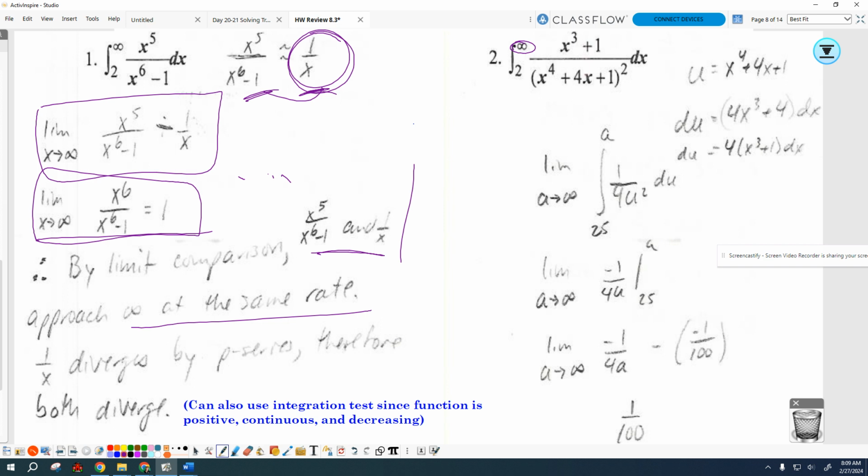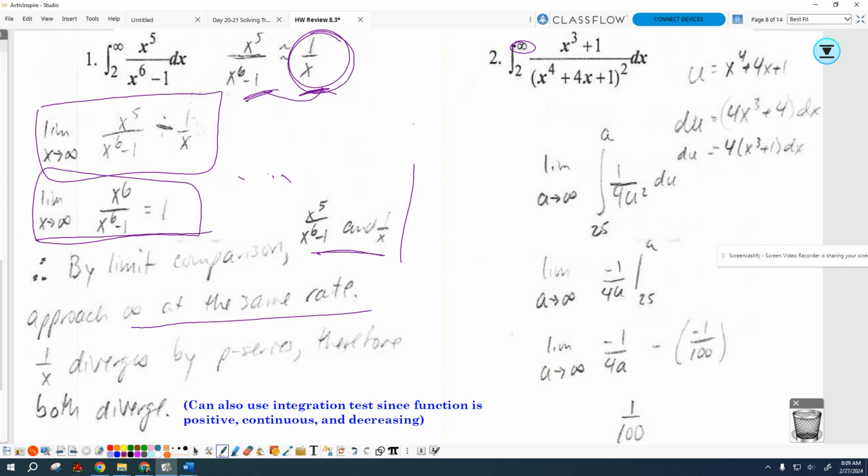For the direct comparison test, how do you know if you want to compare it to a bigger function or a smaller function? Okay, so Fiona and I went over that. Fiona, how do you know in direct comparison if we want a bigger function or a smaller function? It depends.